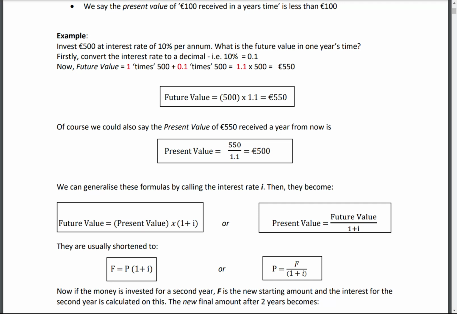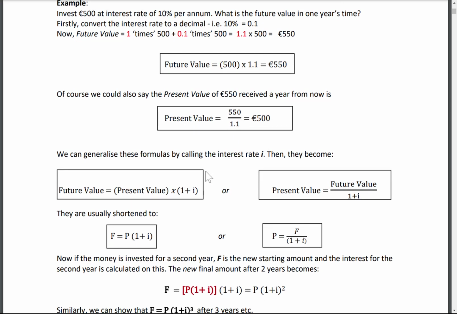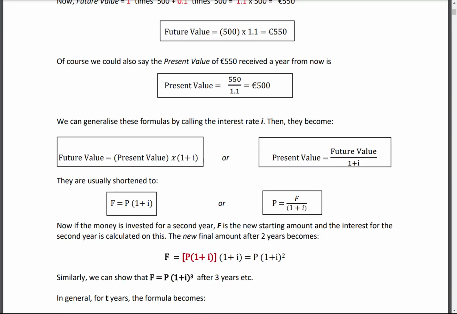Now we can generalize these formulas by calling the interest rate I. So that means that, in general, the present value of your money, what's the future value? Well, it's 1 times your money plus the interest times your money. So it's 1 plus I times the present value gives you the future value. And once again, we can rearrange this formula.